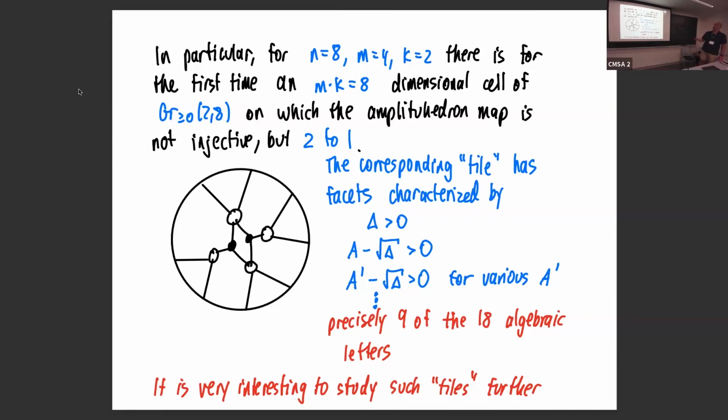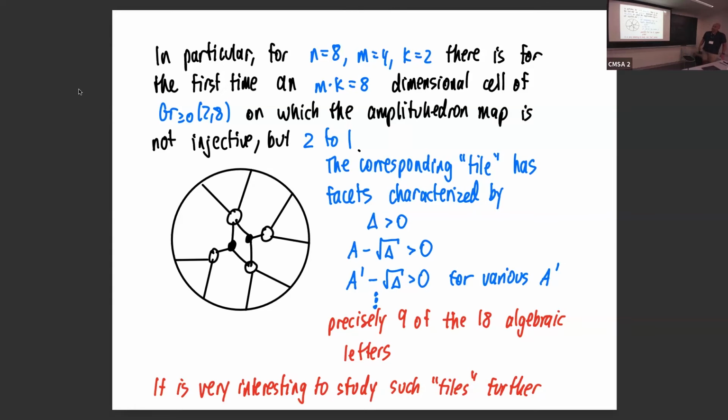So this is an example for the n equals 8, m equals 4, k equals 2 tree-level Amplituhedron, on which you get a cell where the Amplituhedron map is 2 to 1. So then I allow myself to use the word tile in quotes, meaning it doesn't satisfy the technical definition of tile that I just gave on the previous slide, but it's kind of the generalized tile in the obvious way.